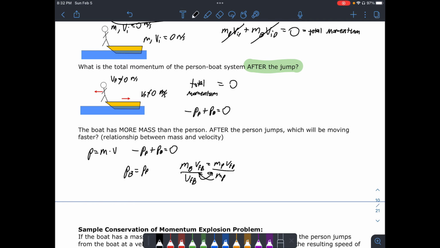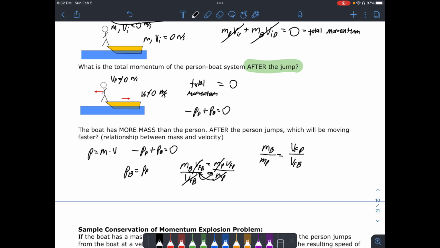So we're left with, these cancel. The mass of the boat over the mass of the person is equal to the final velocity of the person over the final velocity of the boat.